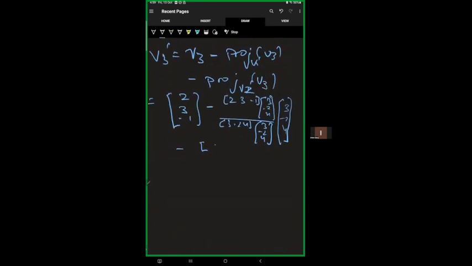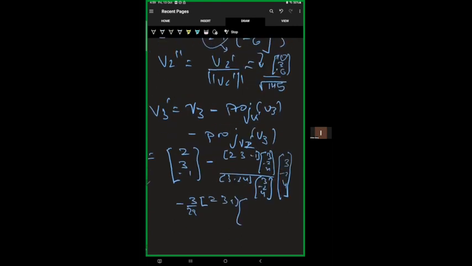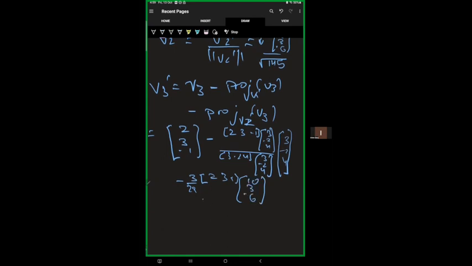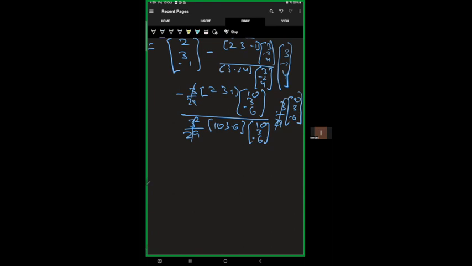So we get 3 by 29 into (2, 3, -1) along (10, 3, -6), and then 3 square by 29 square, (10, 3, -6)·(10, 3, -6), all along 3 by 29 of (10, 3, -6). Now, we see that 3 by 29 cancels from both the numerator and the denominator, and we are left with (2, 3, -1) upon 29, we have minus 6 minus 6 minus 4.